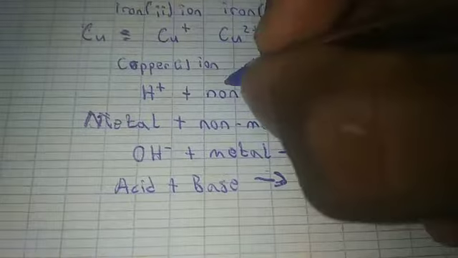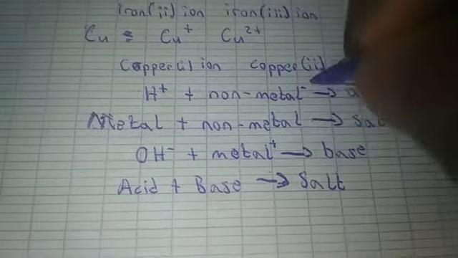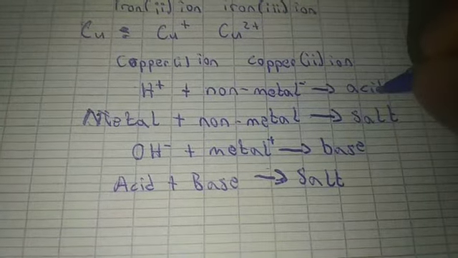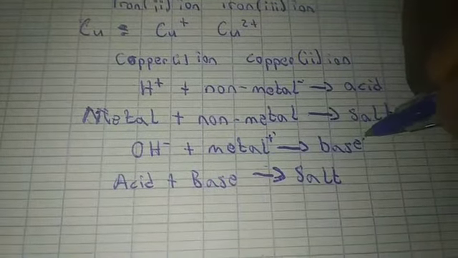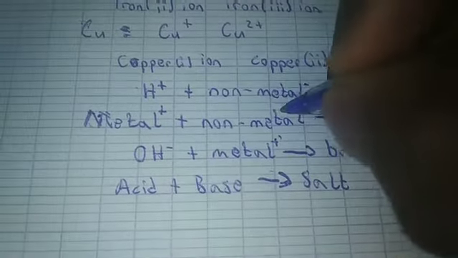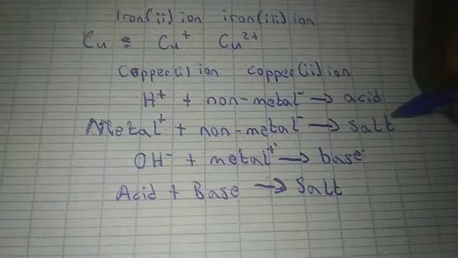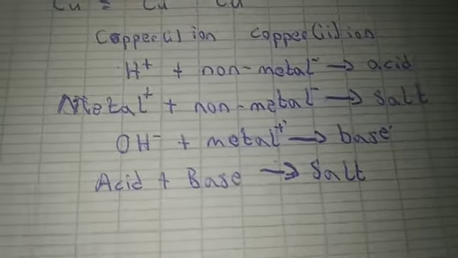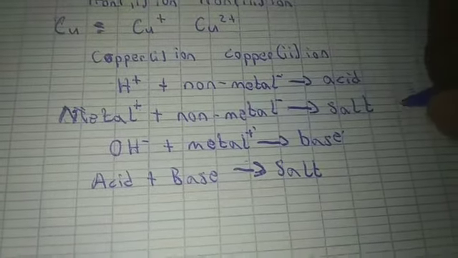Remember that non-metals are actually negative and metals are actually positive. So the negative and the positive combine to give an acid which is stable, and they also combine to give a base which is also stable. So it's all about stability. This metal is positive, this non-metal is negative, so they combine to form a salt. Any bond between positive and negative ions is called an ionic bond.